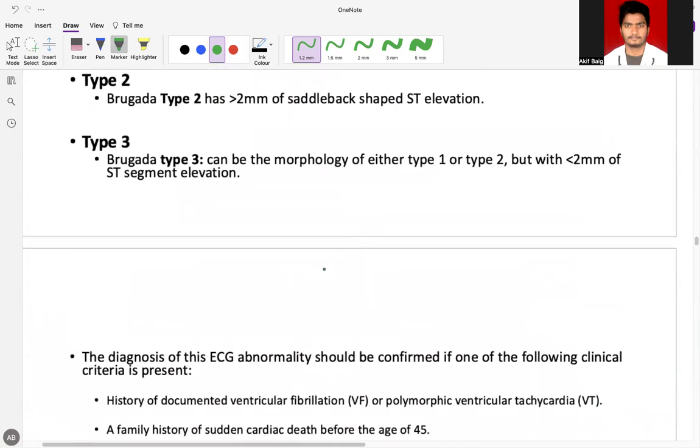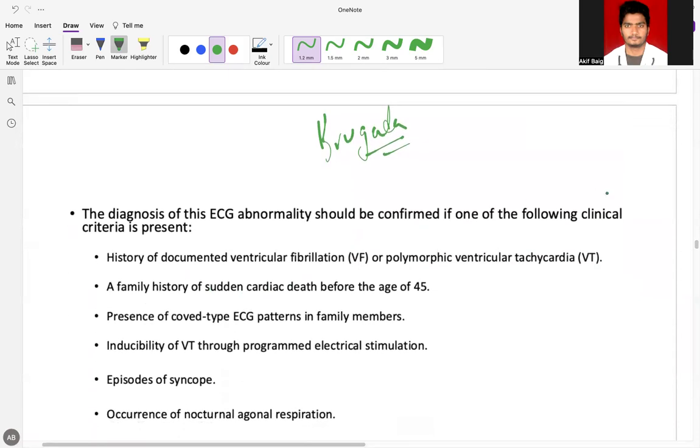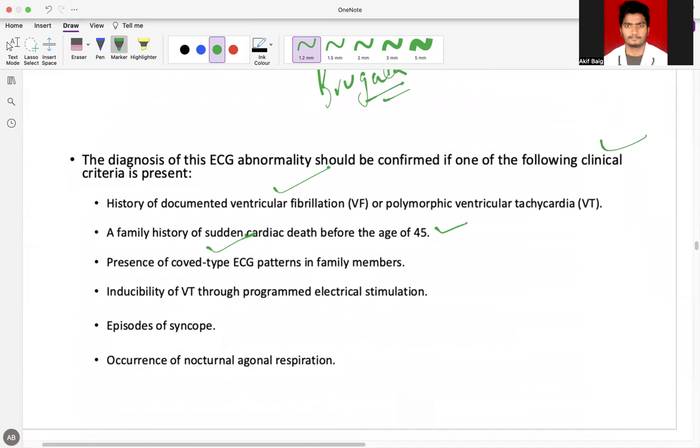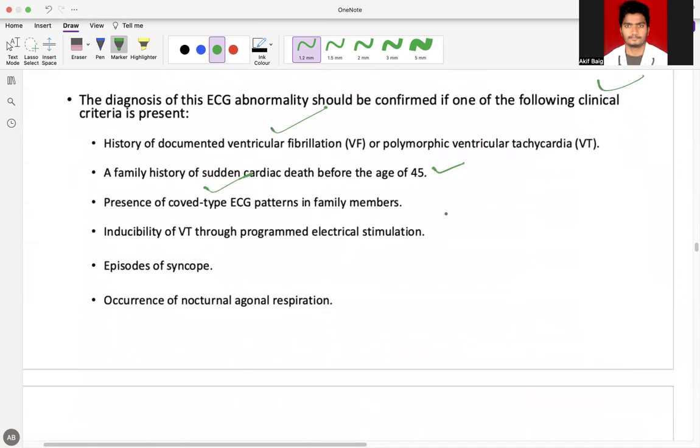The important thing is that to label any patient as Brugada, along with the ECG criteria, the patient should also meet a clinical criterion. Of the following six points, at least one should be present to label the patient as Brugada syndrome: a history of ventricular fibrillation, a family history of sudden cardiac death before the age of 45, presence of a coved type ECG in family members, inducibility of VT during an EP study, that is electrophysiological stimulation, an episode of syncope, and nocturnal agonal respiration.